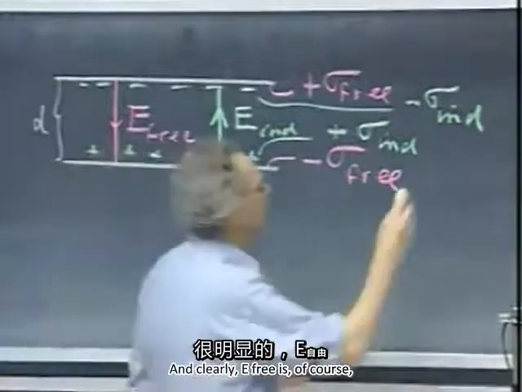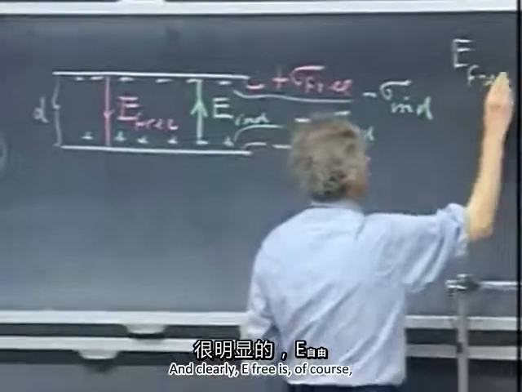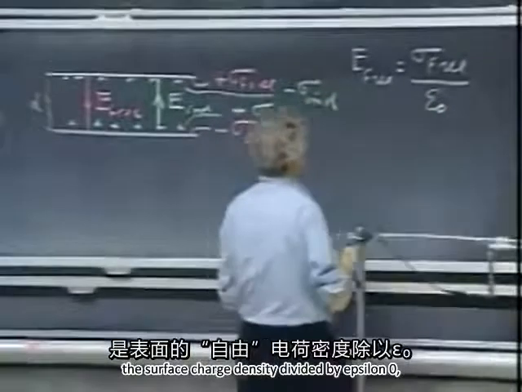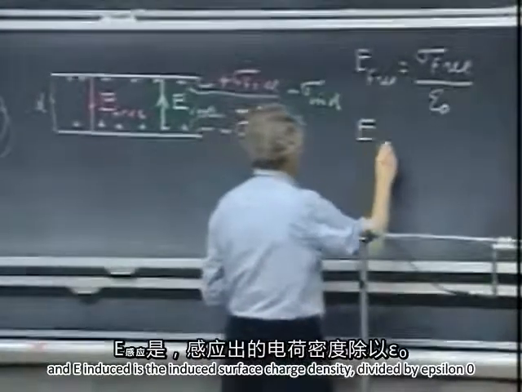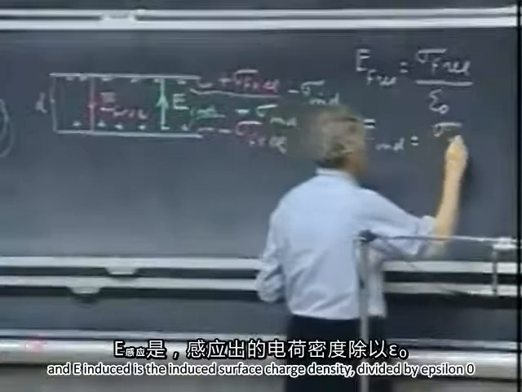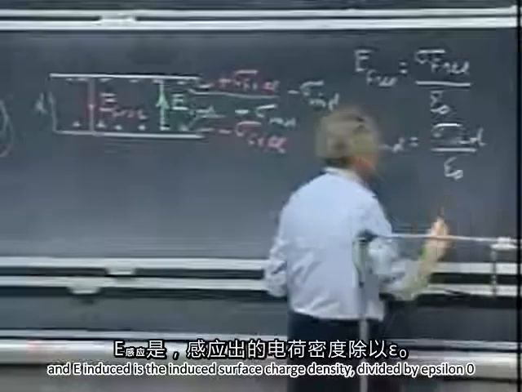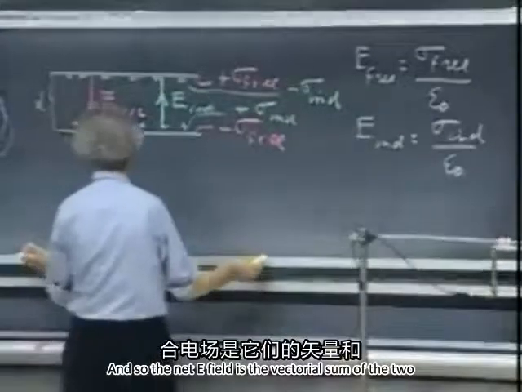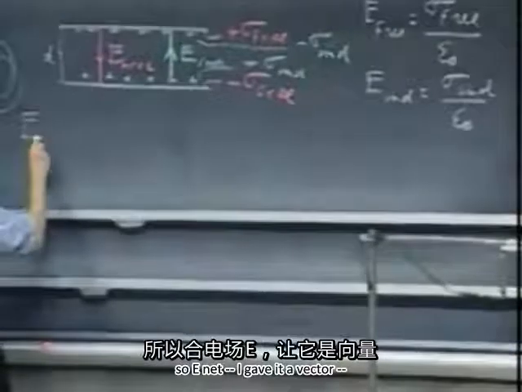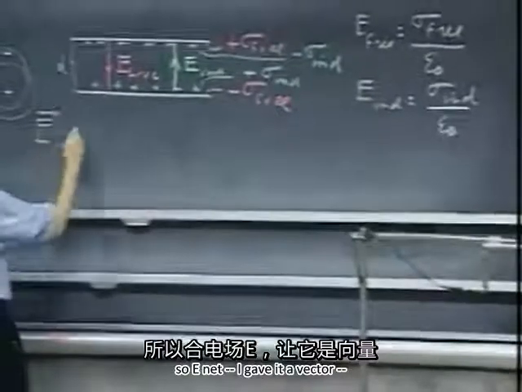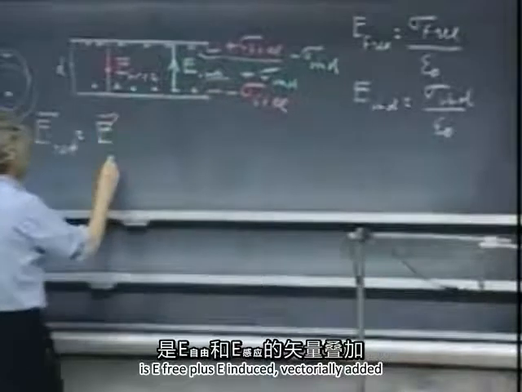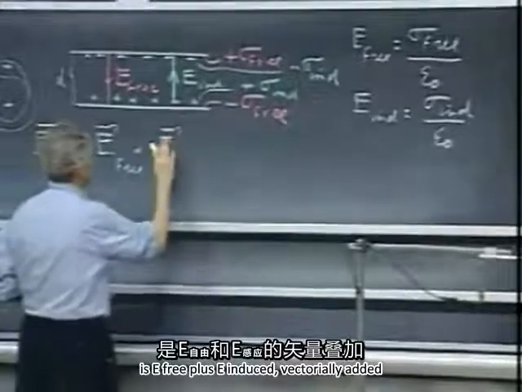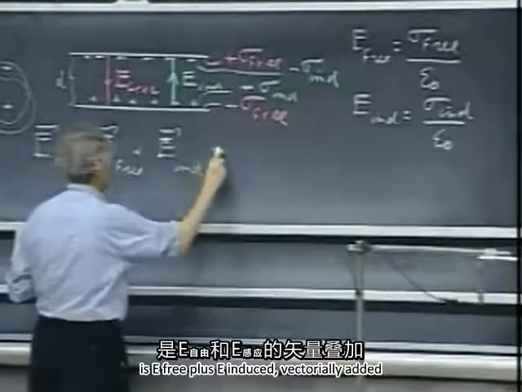And clearly E free is of course the surface charge density divided by epsilon 0, and E induced is the induced surface charge density divided by epsilon 0. And so the net E field is the vectorial sum of the two. So E net, I give it a vector, is E free plus E induced, vectorially added.